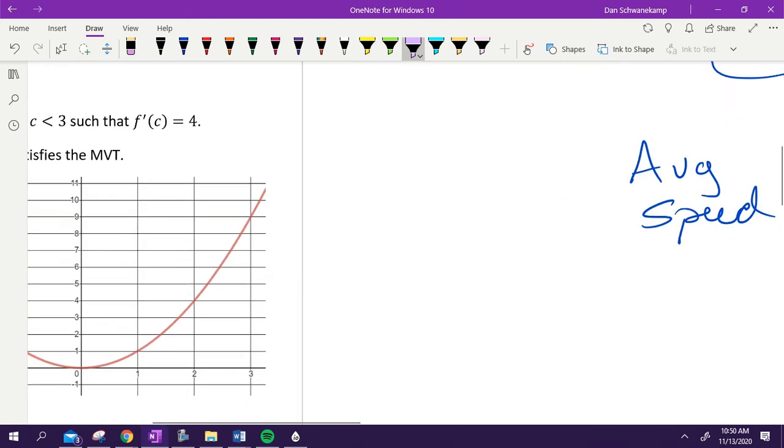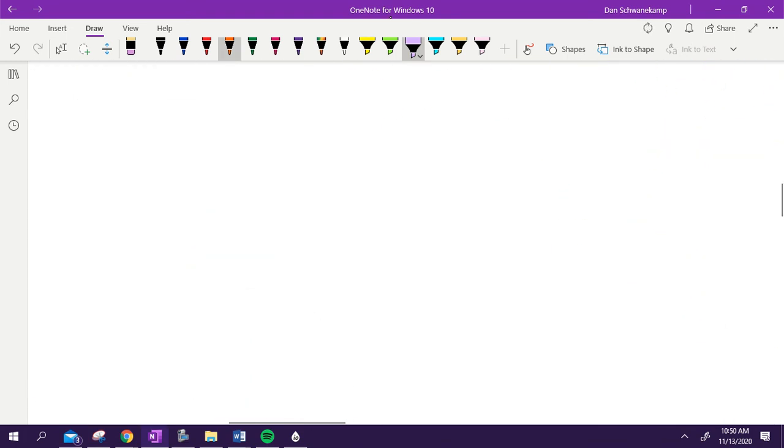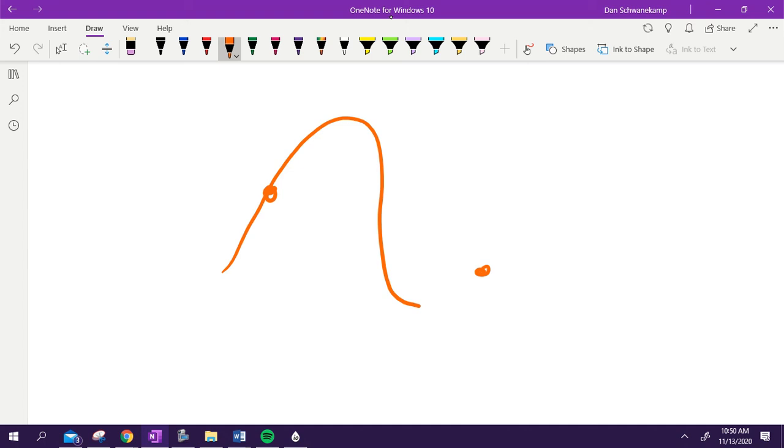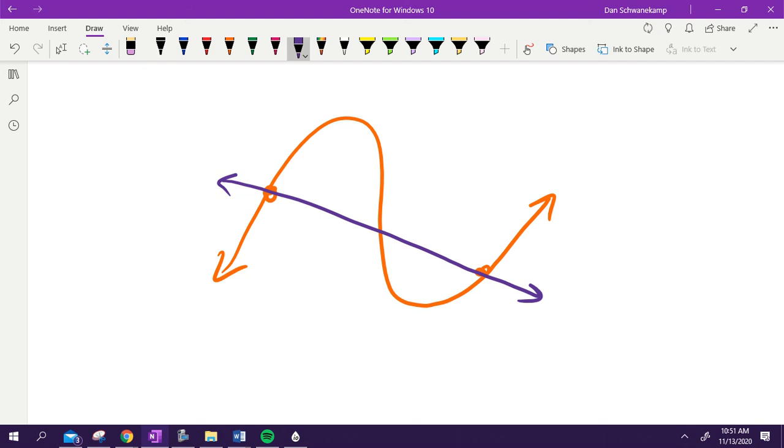Okay, no matter how you draw a graph, let's just make up a new graph. Okay, so here, that's ugly. There's a graph. This is my average slope. Is there somewhere on that graph where my average slope is equal to my instantaneous slope, equal to my tangent line?